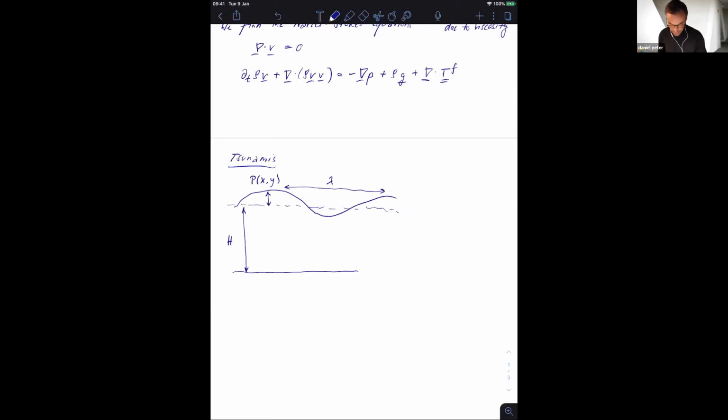So assuming that we have a long wavelength, and neglect the vertical acceleration, we find the shallow water equation.